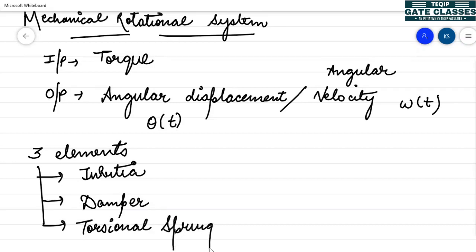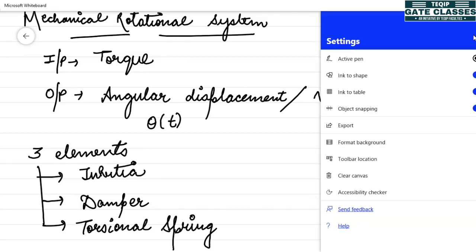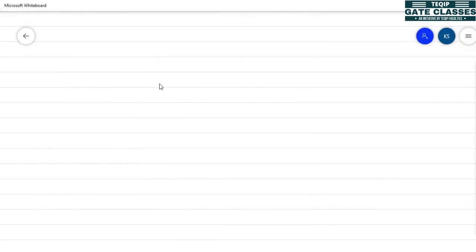Similar to the electrical system, two are energy storage elements and one is an energy dissipating element. Now let us take the first element, that is inertia.